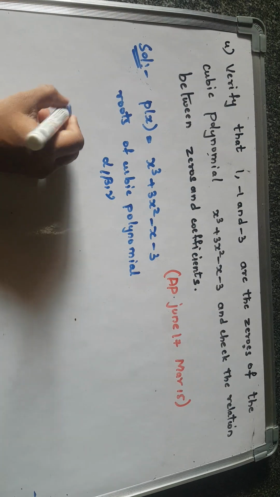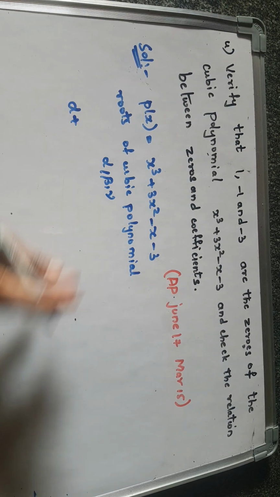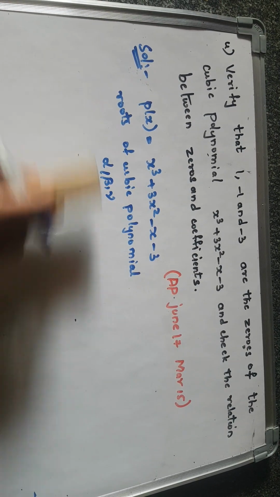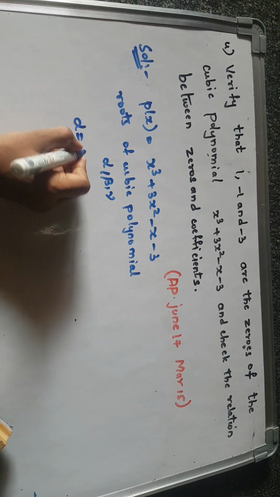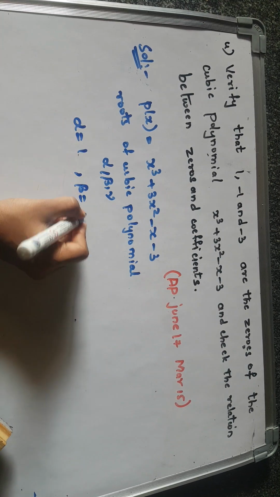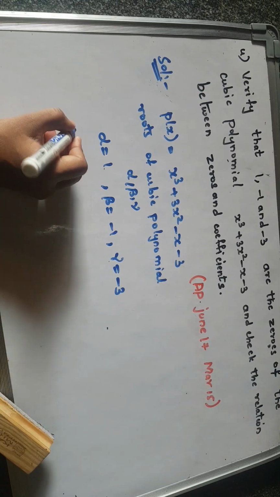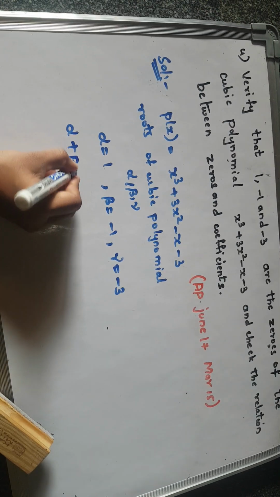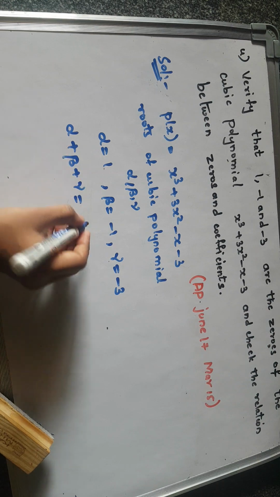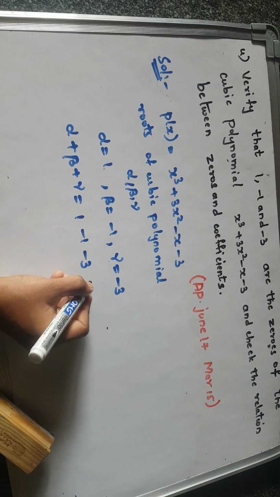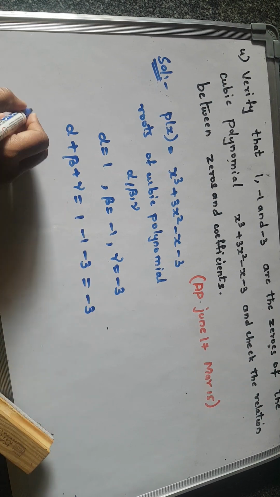So what is the sum of the roots? Alpha plus beta plus gamma. Alpha equals 1, beta equals minus 1 and gamma equals minus 3. Now finding the sum of roots, alpha plus beta plus gamma: 1 minus 1 minus 3, this equals minus 3.